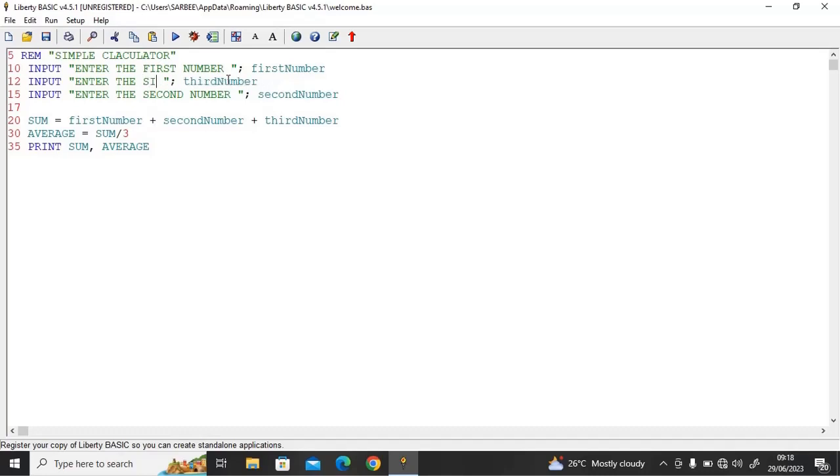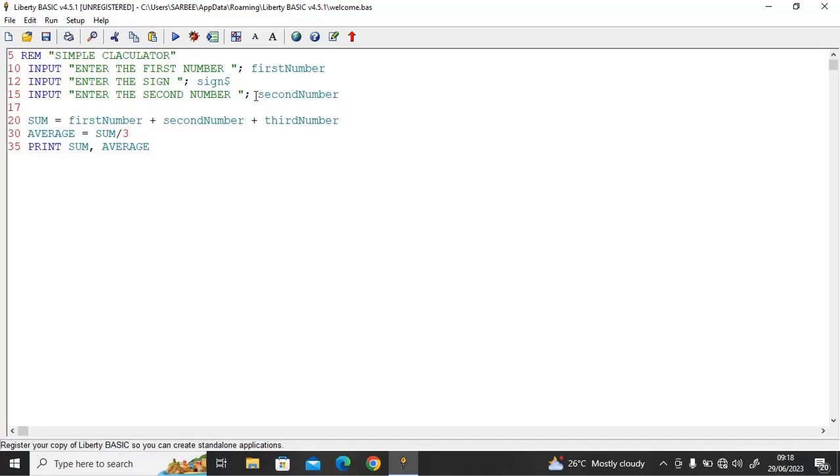Enter the sign. When you enter the sign, what I want you to know here is that this is how we are going to declare the variable. You can put sign here, then you put a dollar at the end. The reason why I put dollar at the end is that the sign is a string variable, just like a character.